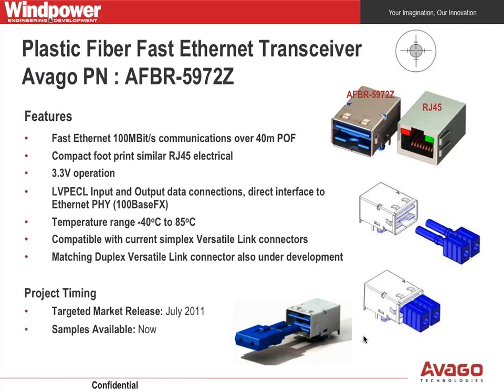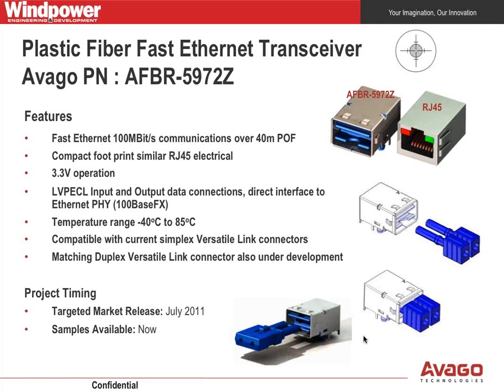Similarly, we just released a fast Ethernet transceiver that can be used over plastic optical fiber for lengths of around 40 meters. Where we see the value of this is we see more and more people looking to embed Ethernet or IP as part of their communication closer and closer to end devices, allowing them to monitor system status via the web.